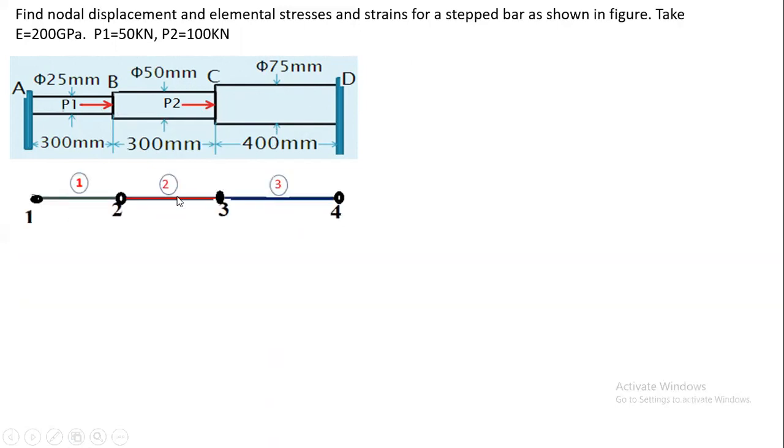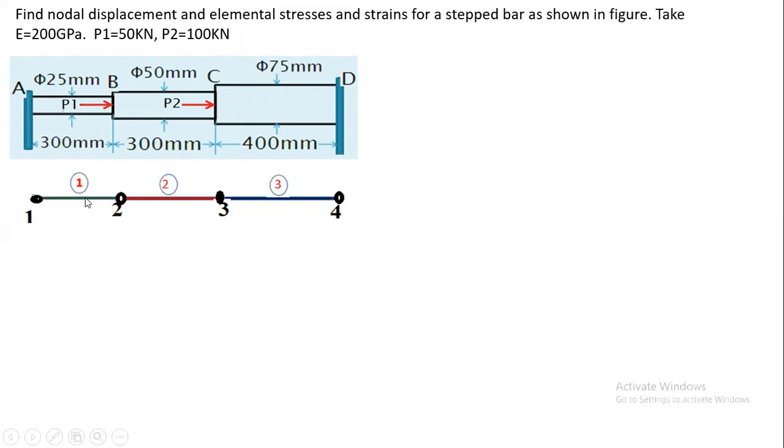Now see, this is the discretization of this stepped bar using three elements. These elements are linear elements, therefore each element has two nodes. These encircled numbers show the element numbers. This is element number 1, this is element number 2, and this is element number 3.